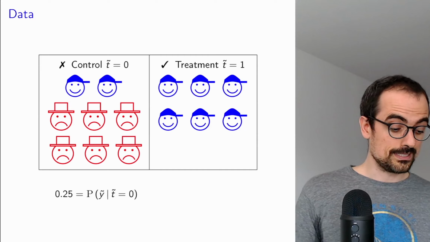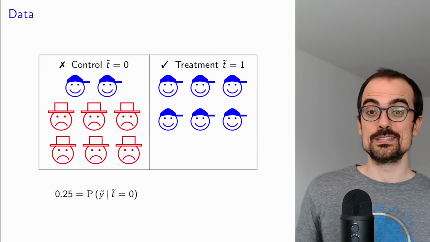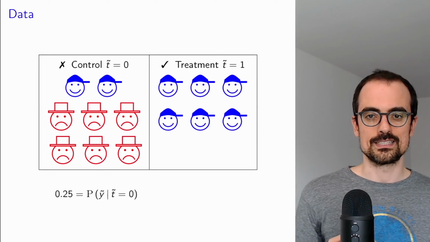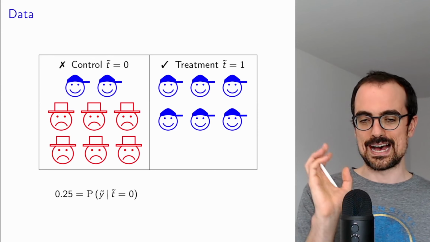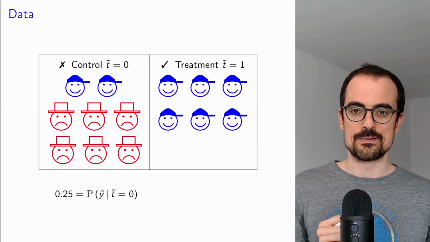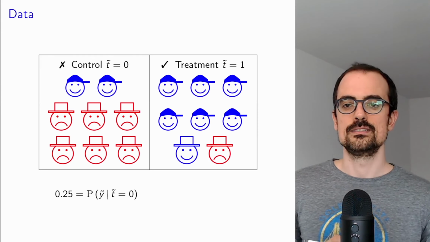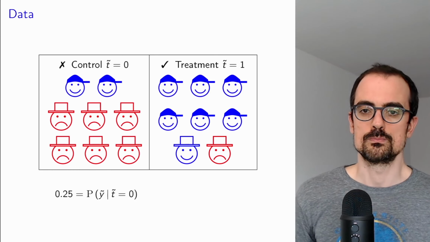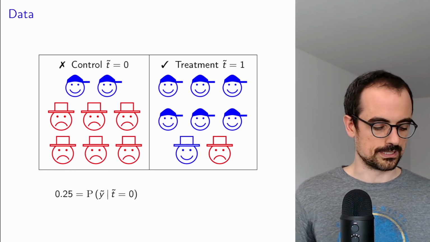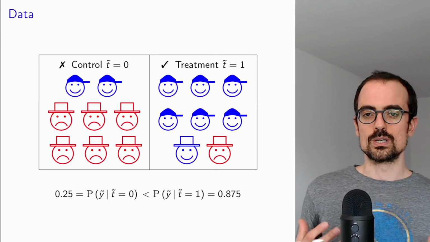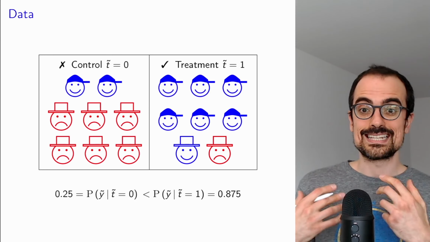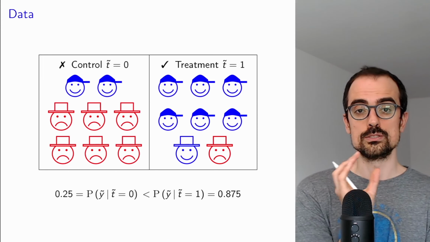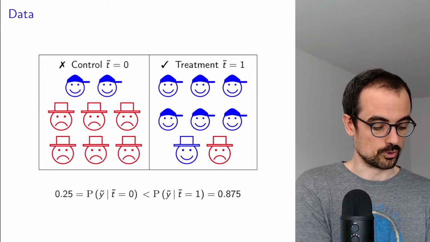And then for the treatment, there's many more young people, they all recover, so that's going to push up the seeming effectiveness of the drug because 75% of them are young. And then you have these 2 old people, and one of them recovers and the other one not, because we know that the rate of recovery for old people if they receive the medicine is 50%. So that's what gives us this exaggerated effect because of how we have selected who goes into the control group and who goes into the treatment group.